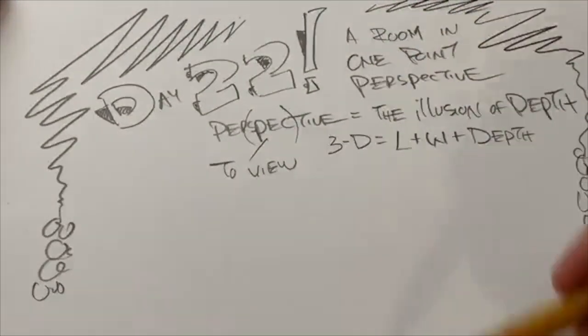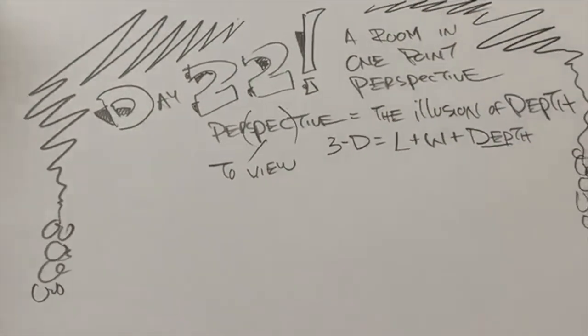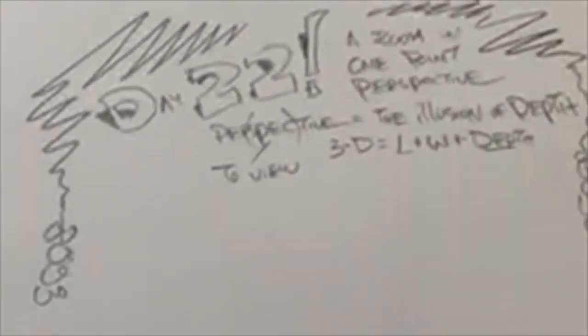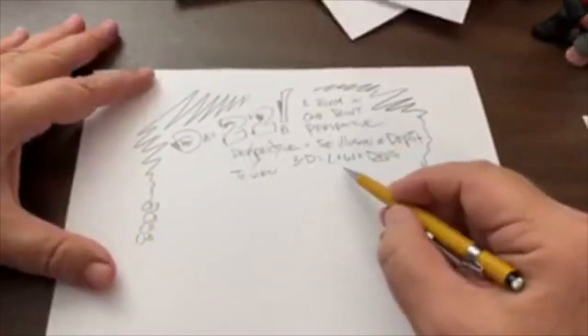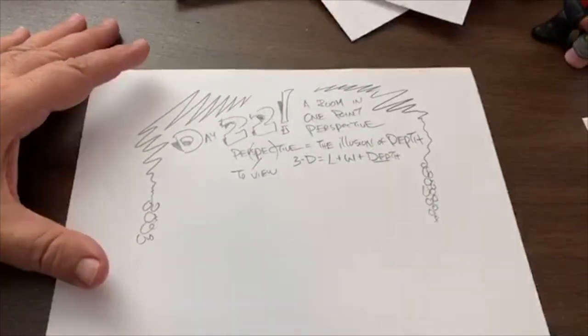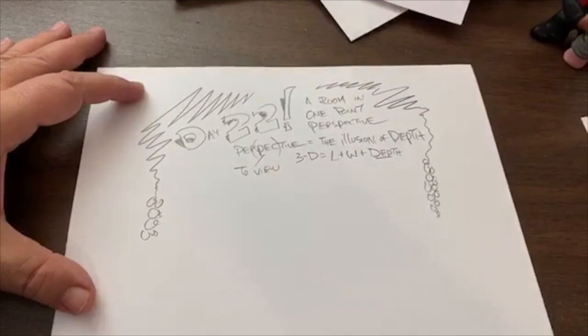Right? So this is length and this is width or height. Some people say height. And depth is to make some of these objects look like they're far away. So some are near and some are far away, okay? Length plus width plus depth. So the perspective is the illusion of depth. 3D is adding these three together to create that illusion.